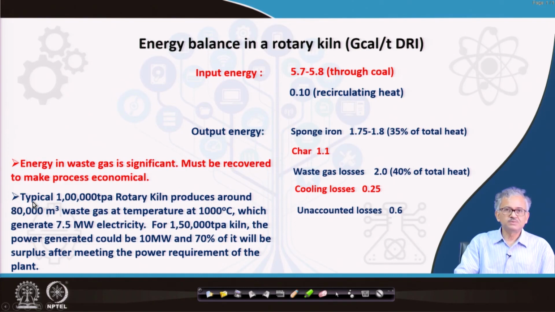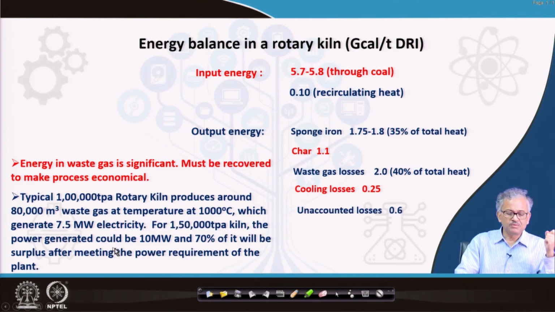Typically a 1 lakh ton per annum rotary kiln produces around 80,000 meter cube of waste gas at a temperature of 1000 degrees centigrade. So this is the sensible heat. Besides, it contains a lot of CO, so that also gives the chemical heat.